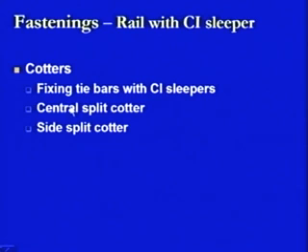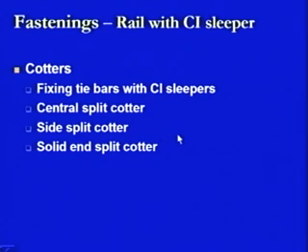Central split cotter is split at the central location, whereas the side split is cut at the side, so as to insert into the tie bar and fix the tie bar with the CI sleeper. And there is another type of cotter which is solid and split cotter, and then there is a band plate cotter.